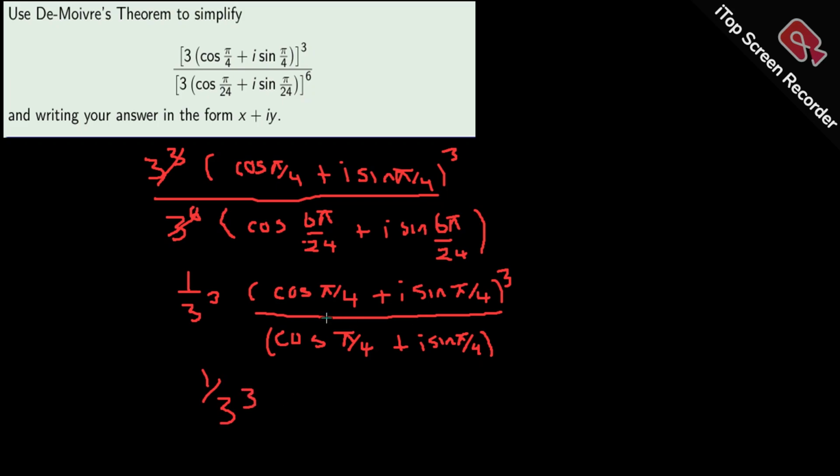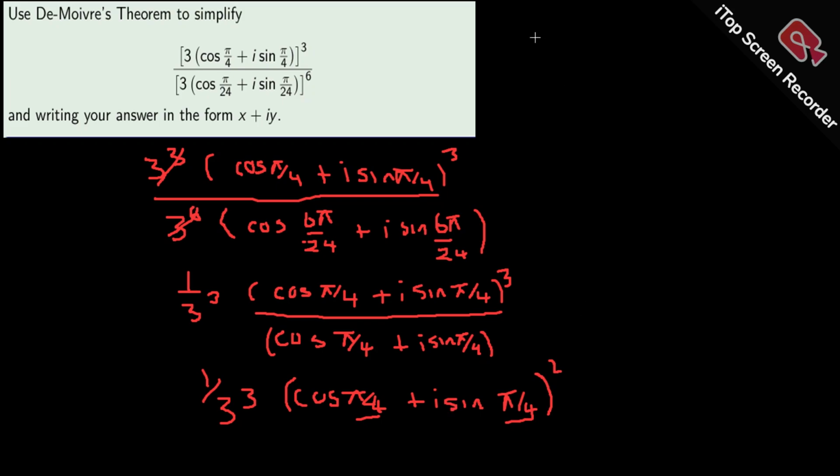Okay, so subtracting, maintaining the base, this is the base that we have. Then subtracting the powers, we're going to have 2. Then we can now multiply the power that we have inside this guy.